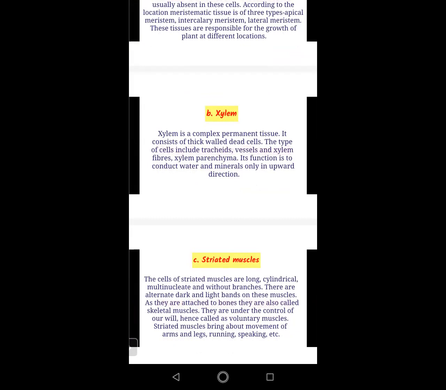Next one is xylem. What is xylem? Yesterday we have also looked at the xylem tissues.